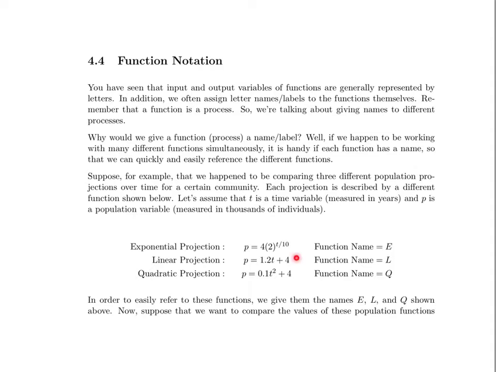For the linear projection, we might assign the letter L. For the quadratic projection, we might assign the letter Q. So anytime I say Q, you know that I'm talking about the quadratic projection. If I say E, you know I'm talking about this function right here. So these letter names help us identify which function we're talking about.